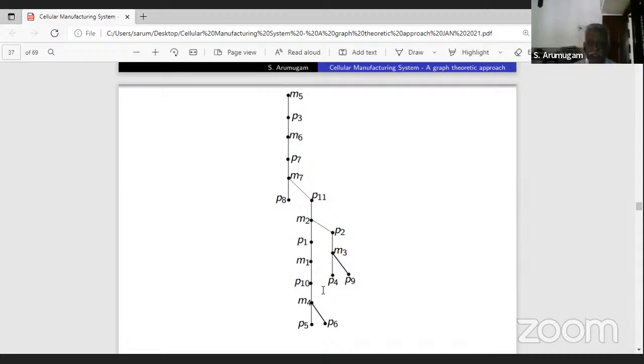So I use this tree to split the graph into 2 components by removing one edge from the tree. So you see, my algorithm is very, very nice.